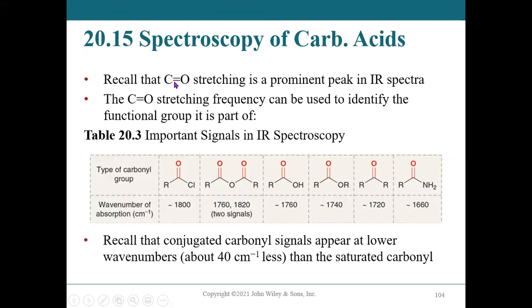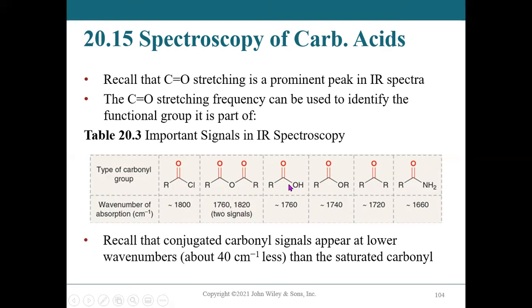Recall the C=O double bond stretching is a prominent peak in IR spectra. So the carbonyl stretching frequency can also be used to identify the functional group it is part of, by using the frequency wave number. The typical carbonyl stretch for the acid chloride is about 1800, and then anhydride is a little lower or higher, with two signals.